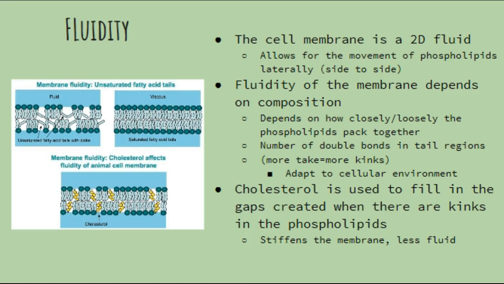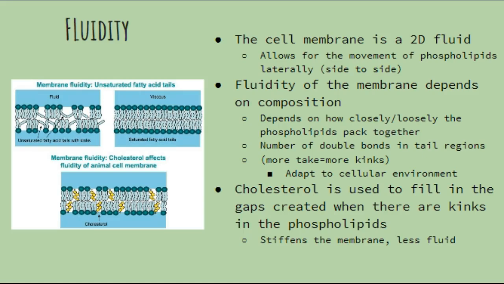So the more viscous the cell membrane, the more closely packed the phospholipids are. On the other side, the more fluid the membrane, the less tightly packed the phospholipids are. And this is due mainly to the number of double bonds that are found in the tail regions of the phospholipids.